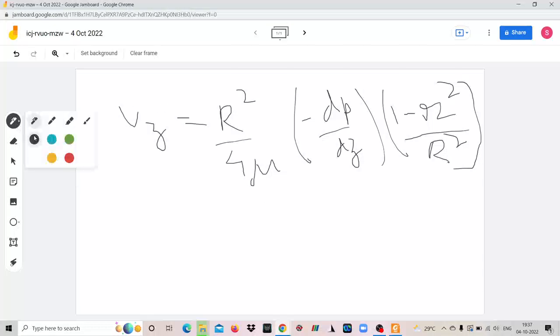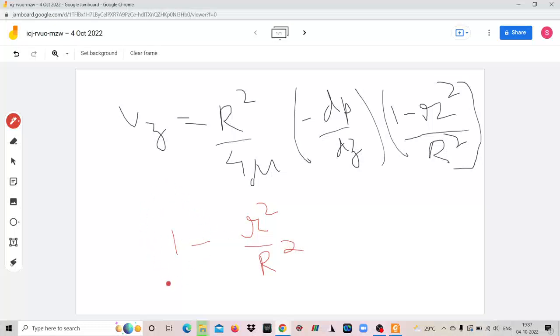In this particular equation, the value of Vz will be maximum when the last term, 1 minus r square by R square, is maximum, since the rest is a constant.